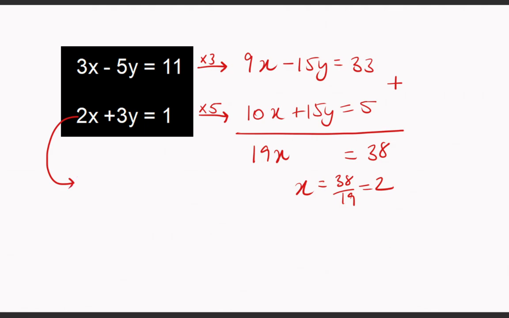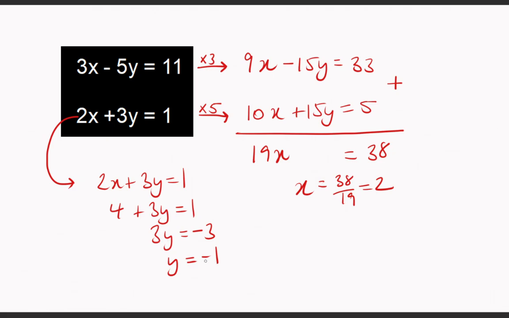Let's use this one. x is 2, so 2 times 2, that's 4. 1, take away the 4 that you bring over, and then minus 3 divided by 3 is minus 1. So the solution is x equals 2 and y equals minus 1.